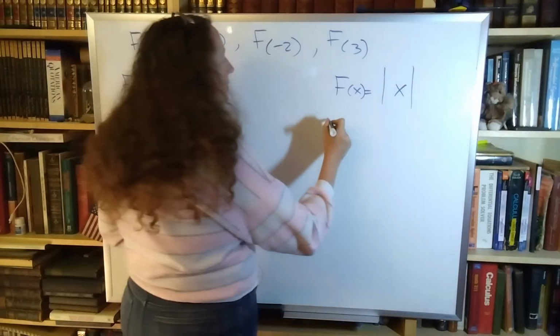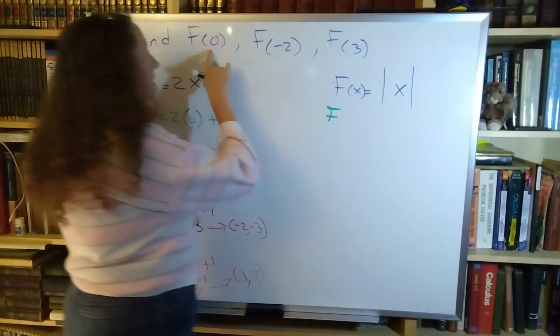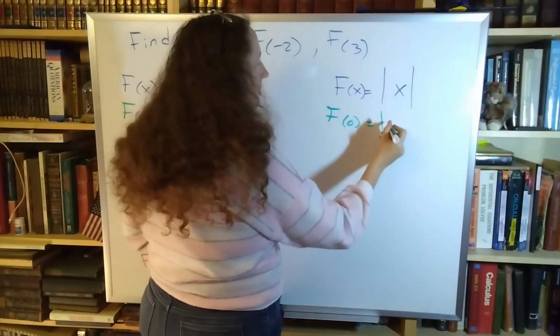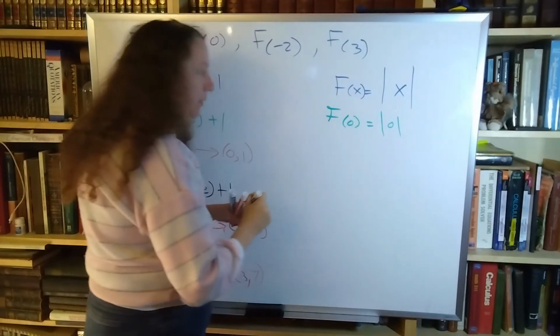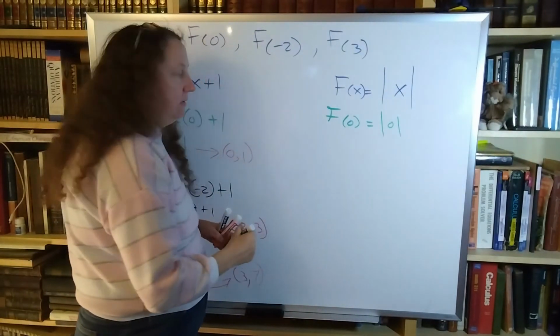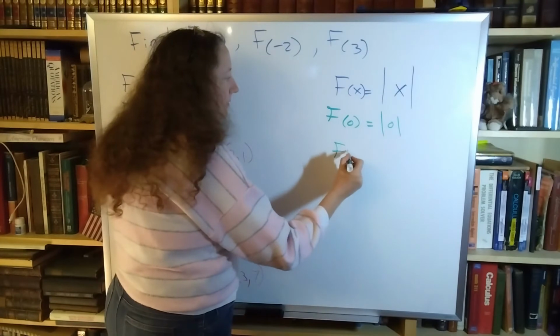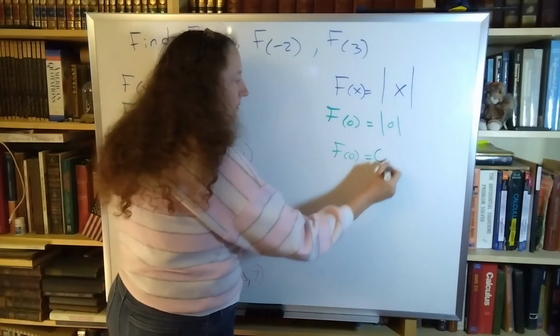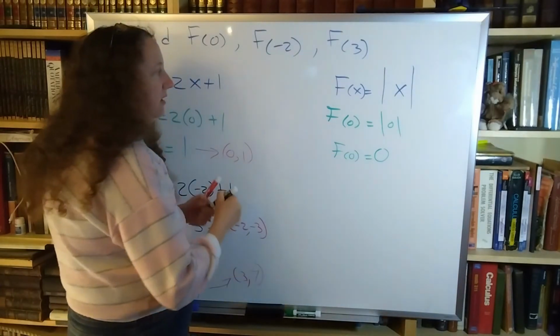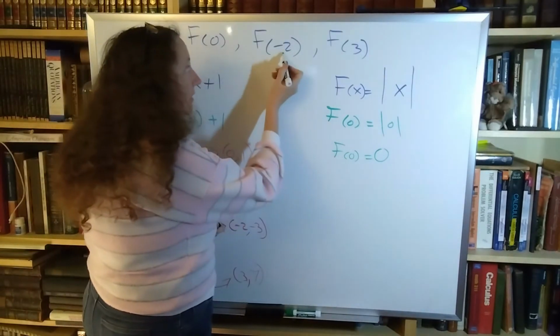So the first thing we're going to do is replace the x with 0, and then we find out what is the absolute value of 0. Second one, I replace the x with negative 2.